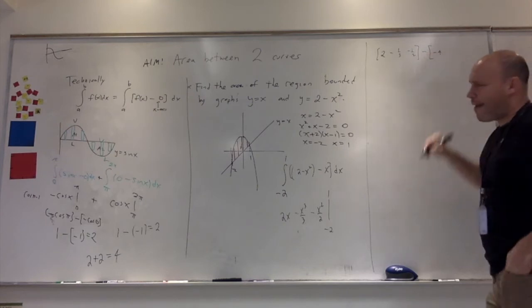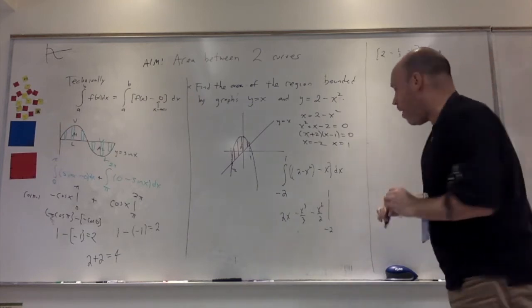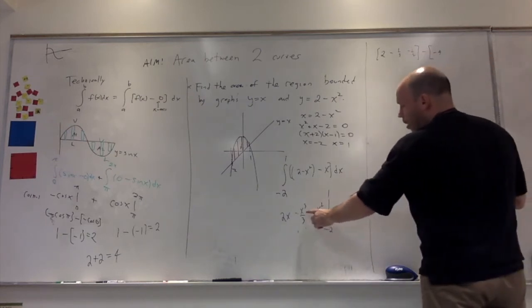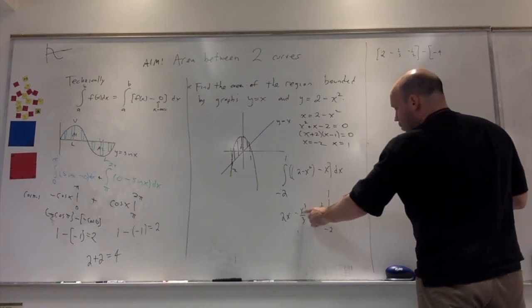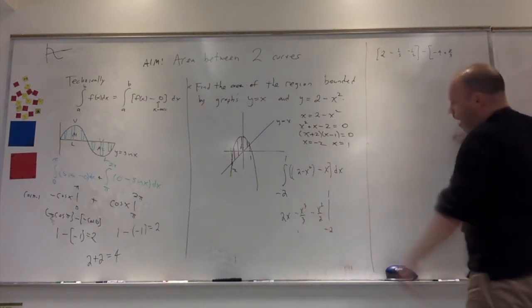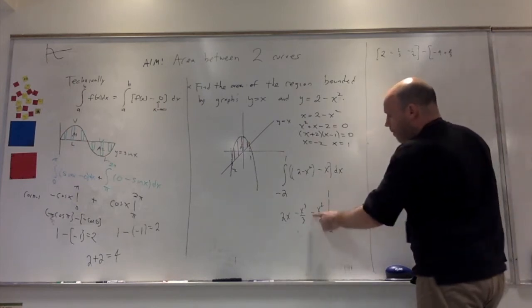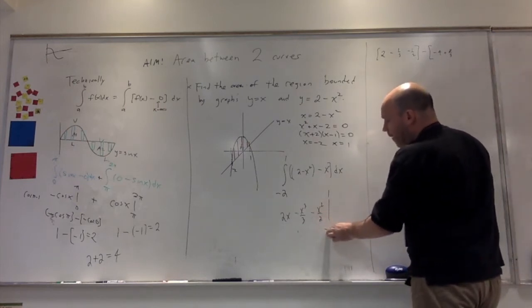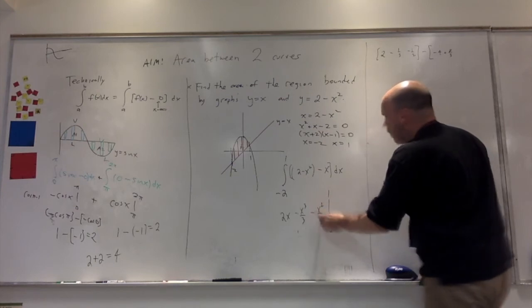So we're subtracting that, so we're going to get a positive number. What's going on over here? That's negative 8. So that's positive 8 over 3. And what's going on over here? That's minus 2, because negative 2 squared is 4, minus 2.